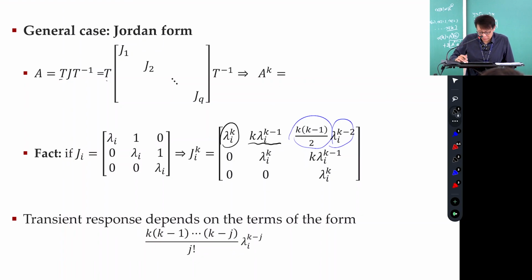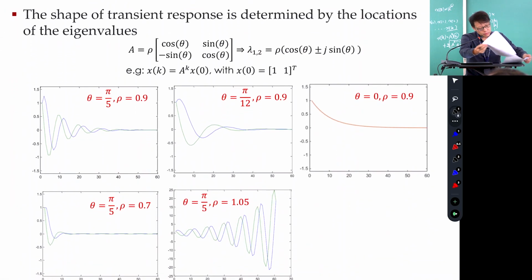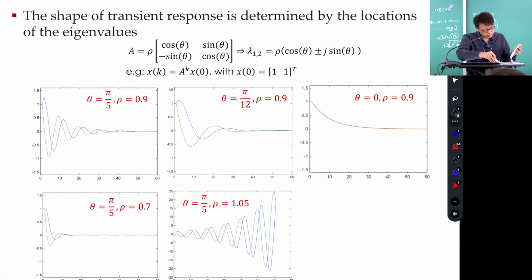Okay, let's look at some figures. Suppose I have a matrix of the following form. This A matrix, by design, has two complex eigenvalues.